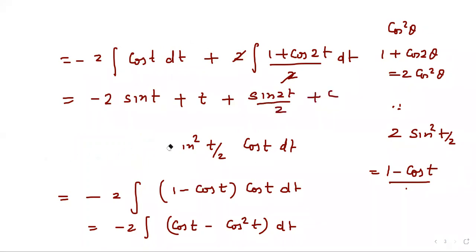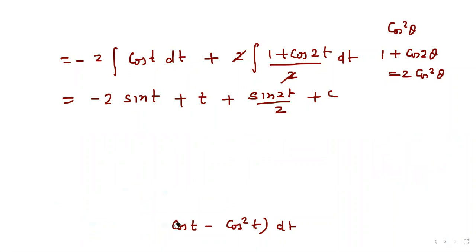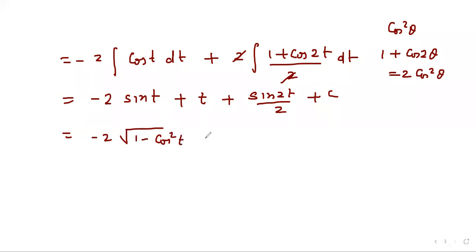Now we go back to put the value of t. So we can write minus 2, this root of 1 minus cos square t plus t plus 2 sin t cos t divided by 2 plus c, and sin t can be expressed in terms of root 1 minus cos square t, because our assumption was in terms of cos.